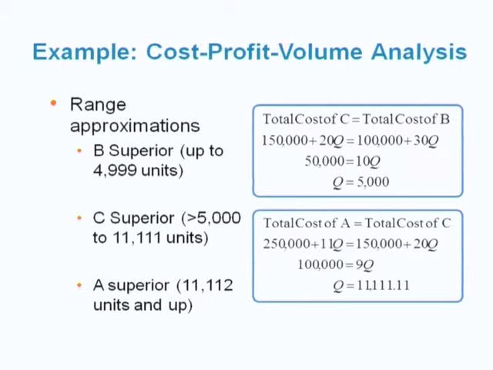Then solve for Q, and we get Q equals 5,000 units. At the second intersection, between A and C, again the total cost of A and C are equal. Solve for Q, and we get Q equals 11,000 units per year.